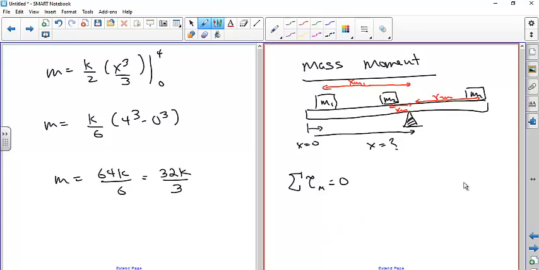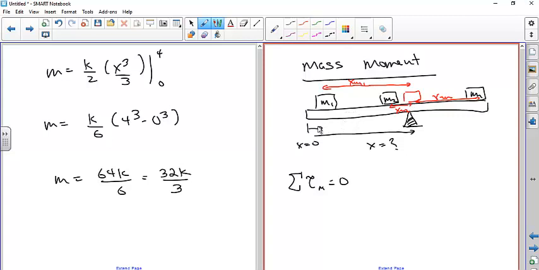Because the whole idea of the center of mass is to replace all three of these masses with one mass at a certain location. And that location, if I only have one mass, has to be right at that point where you're going to balance things out.